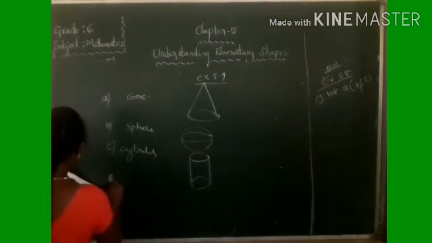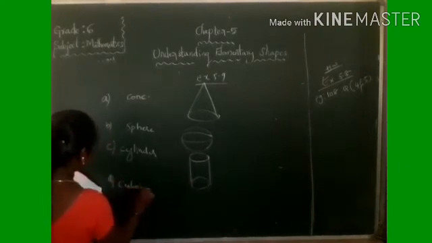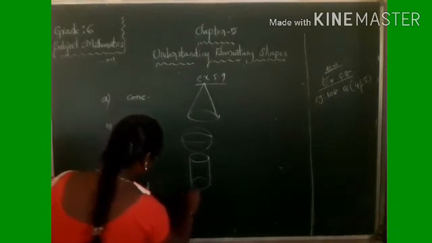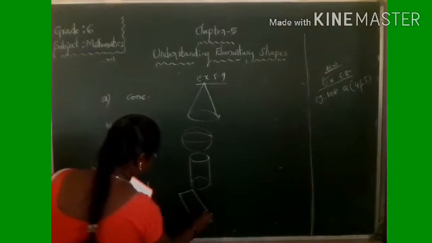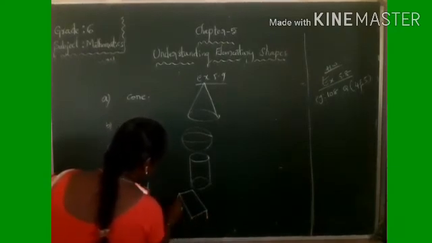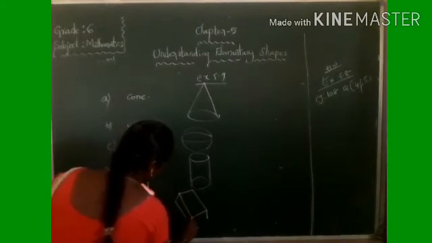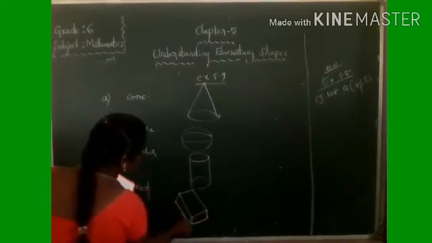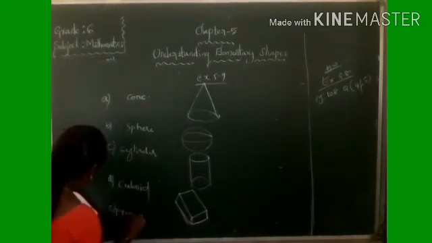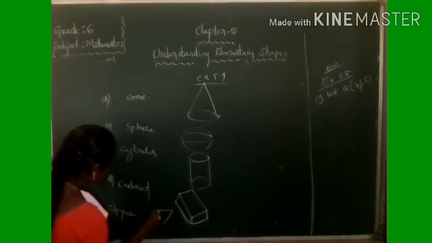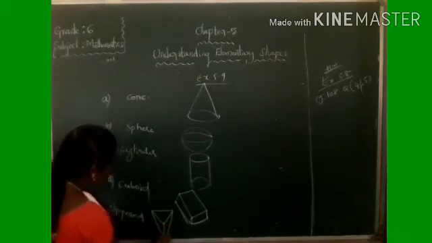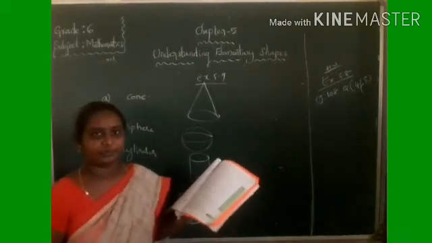Next, cuboid. One more example for cuboid is your notebook, and bricks also. So that is an example for the cuboid. Next, pyramid. So this is the shape for pyramid. This one you have to match in your textbook.